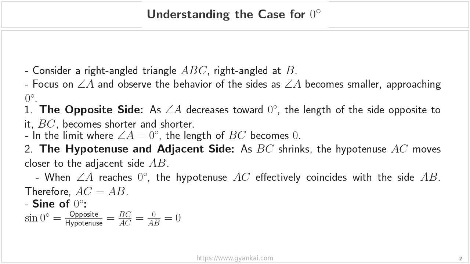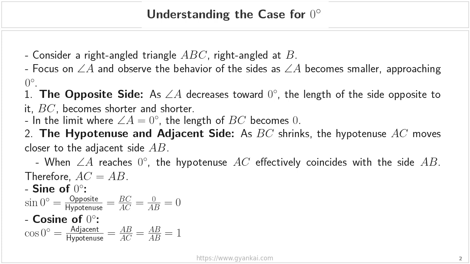First, for the sine of 0 degrees, we know that sine is the ratio of the opposite side to the hypotenuse. Since the opposite side, BC, is 0, and the hypotenuse, AC, is the same as AB, the calculation becomes 0 divided by AB, which equals 0. Second, for the cosine of 0 degrees. Cosine is the ratio of the adjacent side to the hypotenuse.